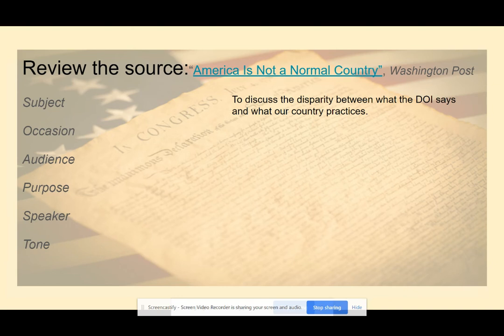Cheryl, you may be able to pick this one up right away. Remember that the occasion is... Go ahead. I think the occasion was that Gerson stated that in times of anger and division, the people should turn to the DOI.